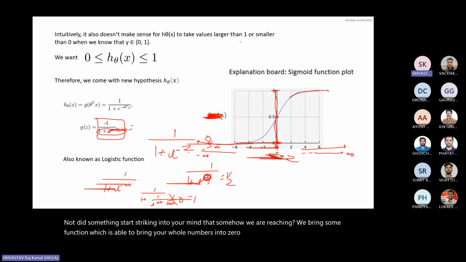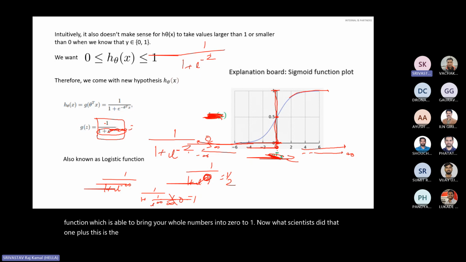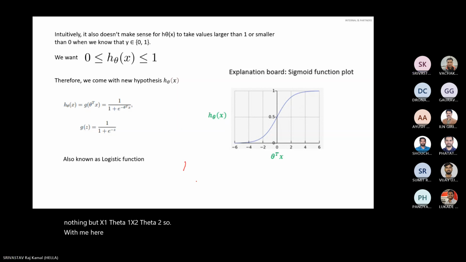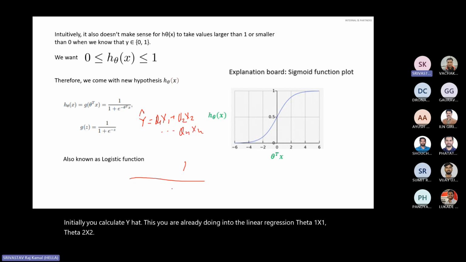Now what scientists did: this is the sigmoid function, they replaced the z by nothing but h theta x, which is x1 theta 1, x2 theta 2. So just be with me here. Initially you calculate y hat, which you're already doing in linear regression: theta 1 x1, theta 2 x2, theta n xn.